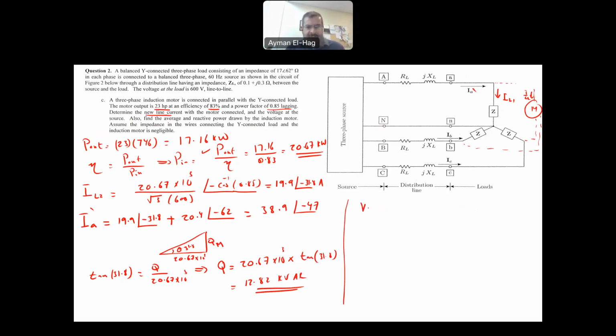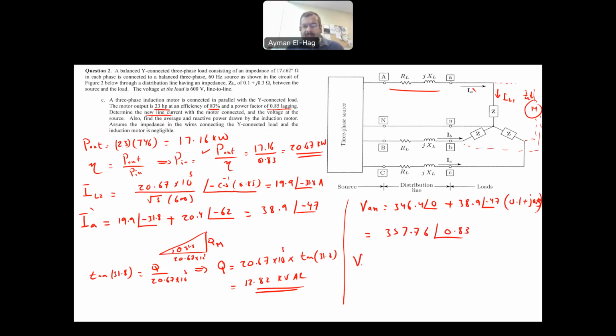So your VAN is equal to the 346.4 angle of 0, the voltage here, plus the total current, which is 38.9 angle of minus 47 times the line impedance, which is 0.1 plus j0.3. And then do the calculations. You will find that basically the total voltage is 357.76 angle of 0.83.